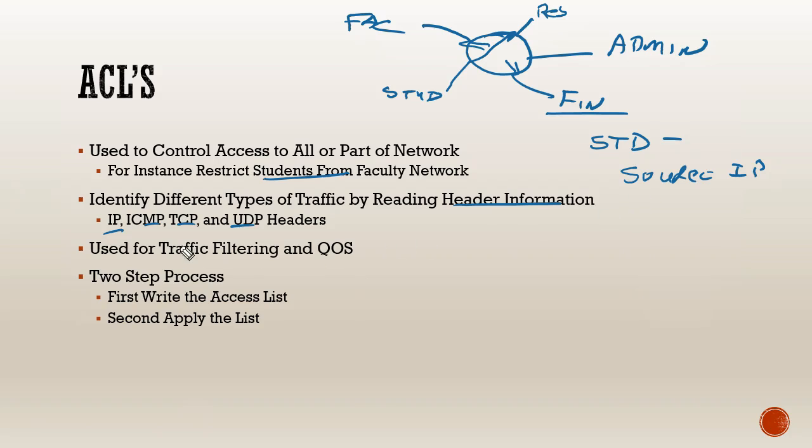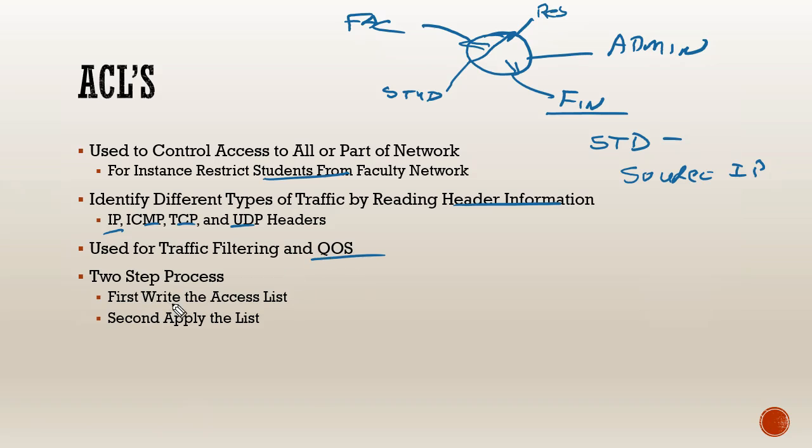We can use other things like the TCP ports and things like that. It's used for traffic filtering and quality of service. When we do quality of service, and again an ICND2 topic, the first thing we're going to do is write an access control list to determine which traffic we're going to apply the quality of service to.